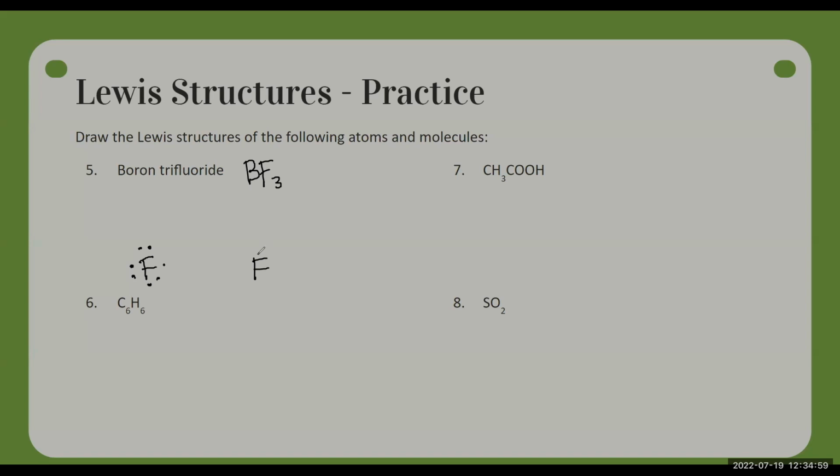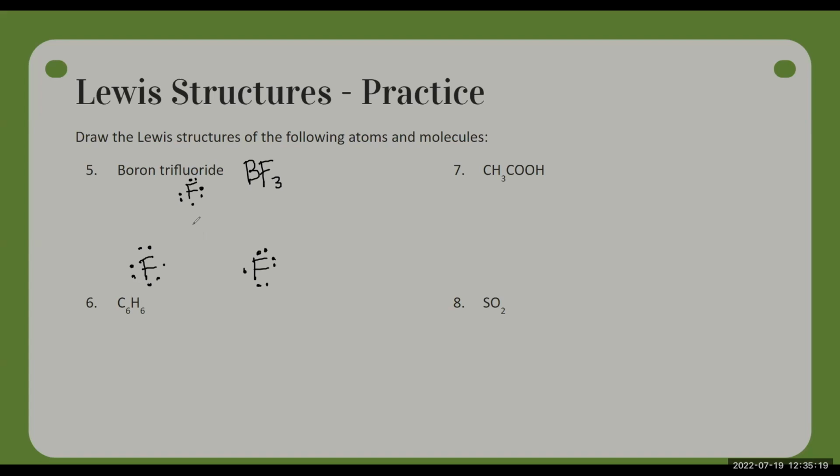I have another fluorine here. 1, 2, 3, 4, 5, 6, 7. We have one more fluorine. It's going to be 1, 2, 3, 4, 5, 6, 7.